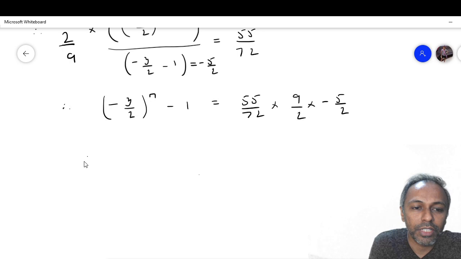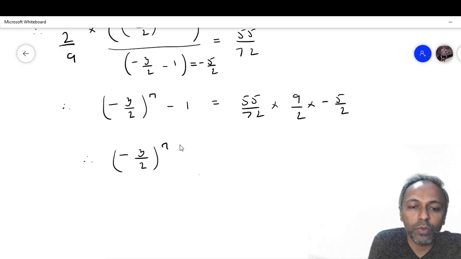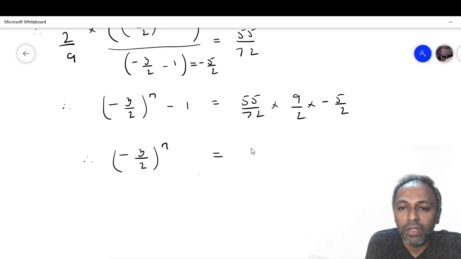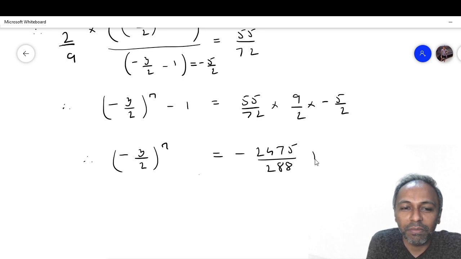Let's evaluate this. So this becomes minus 3 upon 2 raised to n is equal to 55 into 9 into 5, which is minus 2475, verify it, upon 288, plus 1.